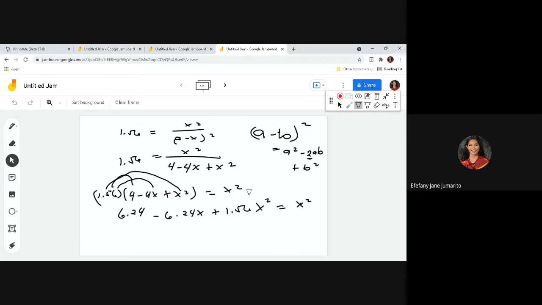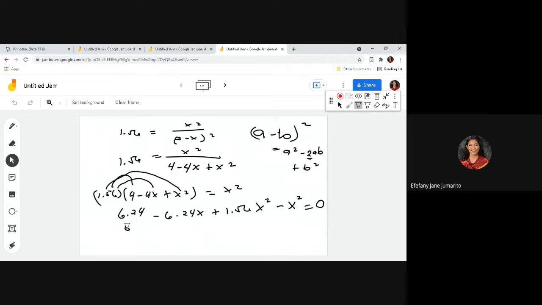Now, the x squared, we put on the other side. So that will become negative x squared. Then equate to 0. So this will become equal to 0. Okay, so we have your equation.